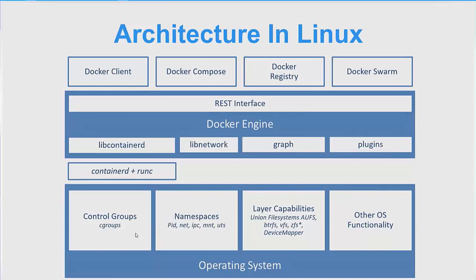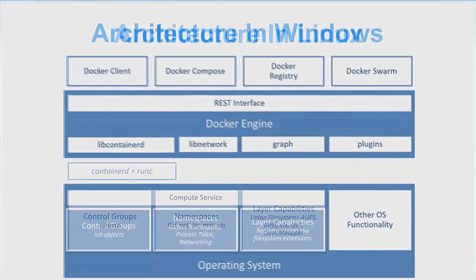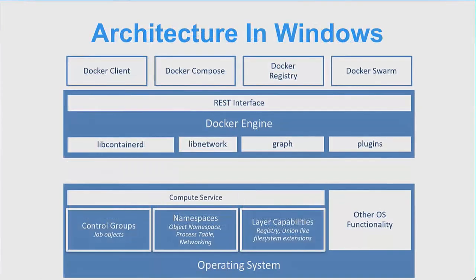If we look at the architecture in Windows, it's pretty much the same. You have a similar architecture in Windows, except that there is no Linux layer like what you saw in between.